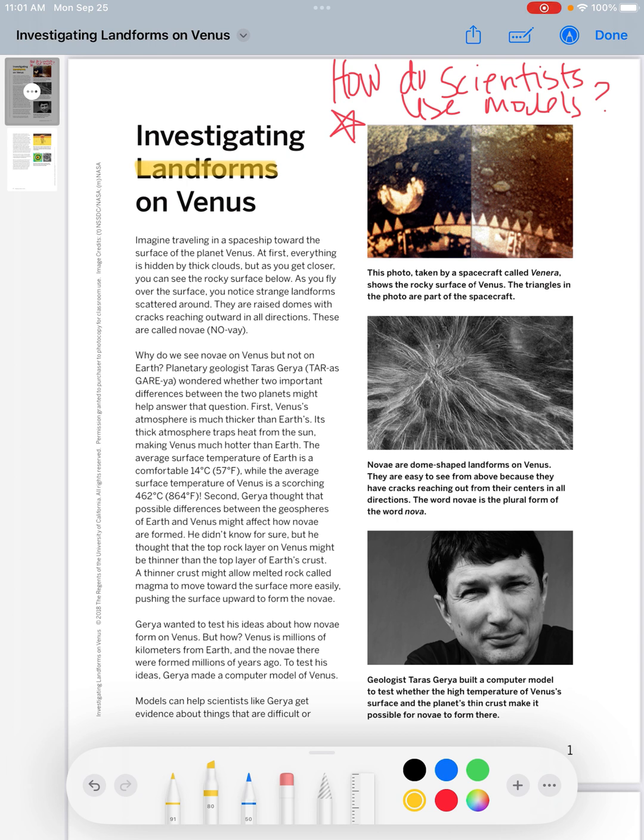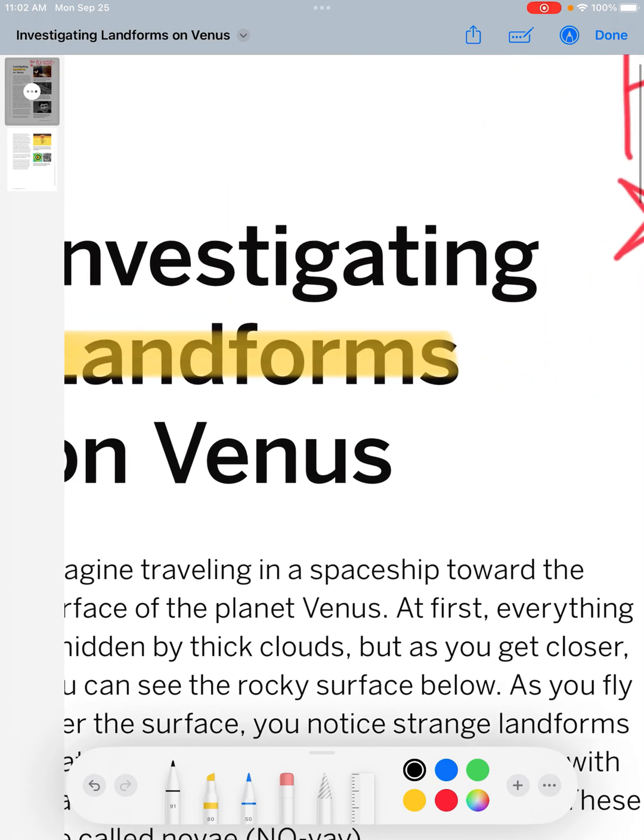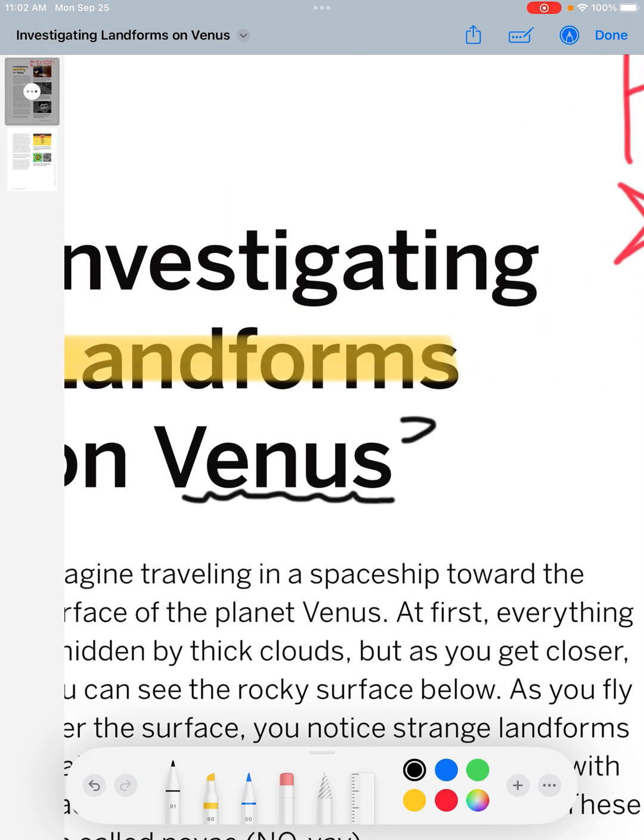All right. So we've got this title, Investigating Landforms on Venus. Here's my question. I'm actually kind of wondering why Mrs. Clayton is having me look at Venus, because we're not looking at Venus. That's not what our investigation is over. We're trying to figure out what formed the channel on Mars. So I'm wondering, I know that we're in Chapter 2, and Chapter 2's first key concept is scientists can use models to test their ideas and get evidence.